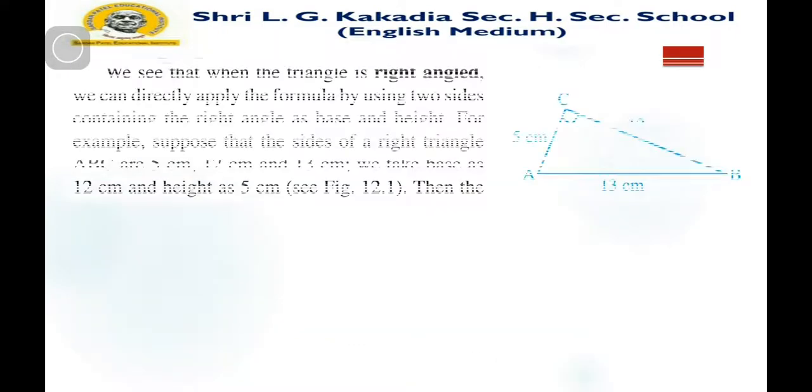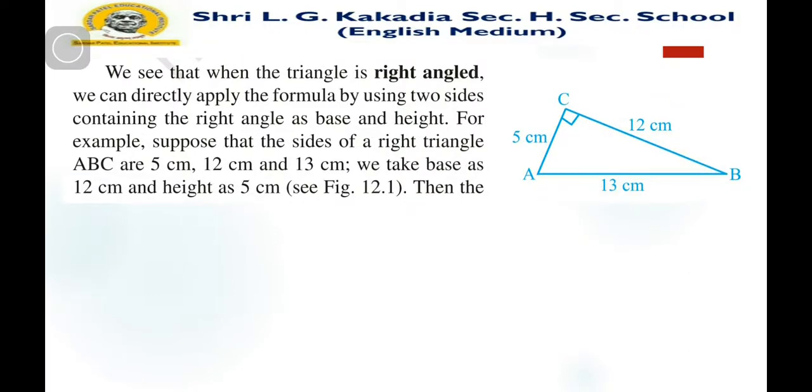Let us consider some examples to find the area of a triangle. First, we consider a right angle triangle, right angled at C. Let the given sides be AC is 5 centimeter, BC is 12 centimeter, and AB is 13 centimeter.